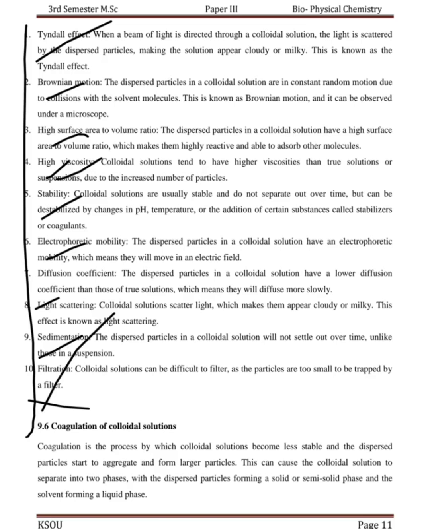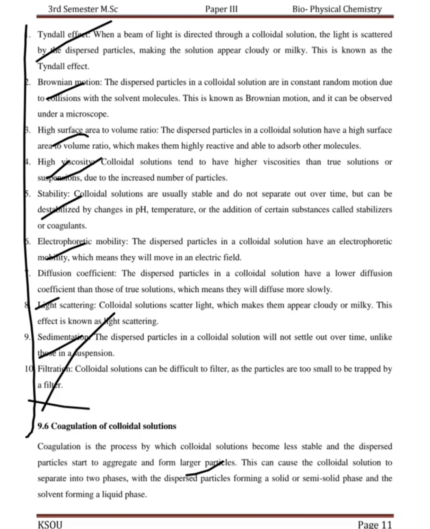And next, coagulation of colloidal solution. Coagulation is the process by which a colloidal solution becomes less stable and the dispersed particles start to aggregate and form larger particles.